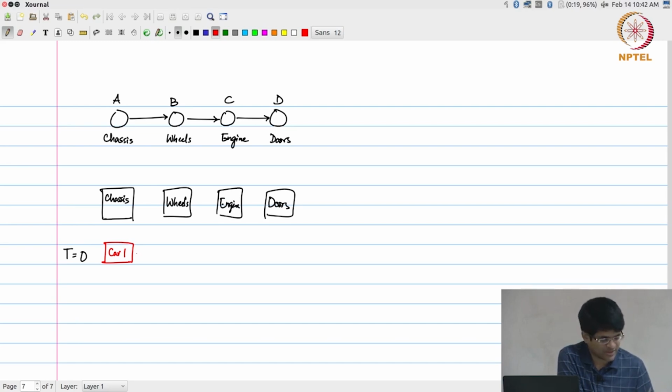After that it moves. So car 1 at time 1 would move on to the next place where it would be getting its wheels fitted. Okay. At that time, what would happen?